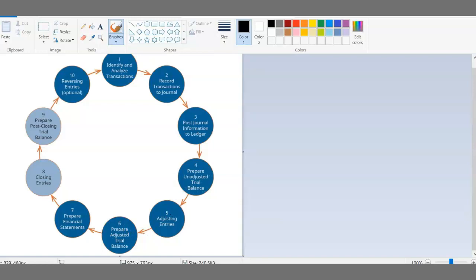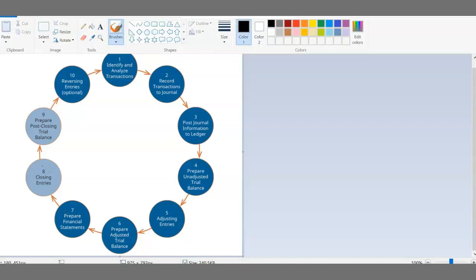Here is unadjusted trial balance, but here you prepare adjusted trial balance. Adjusted trial balance is a balance of every single T account after adjustment. Using adjusted trial balance, you can prepare your financial statements, which today I covered all those financial statements from number 1 to number 2 to number 3 and number 4.